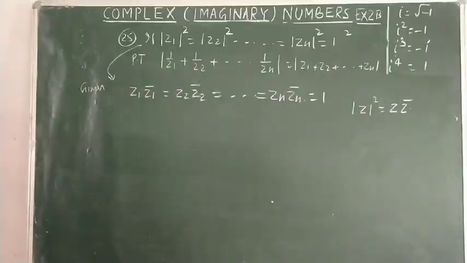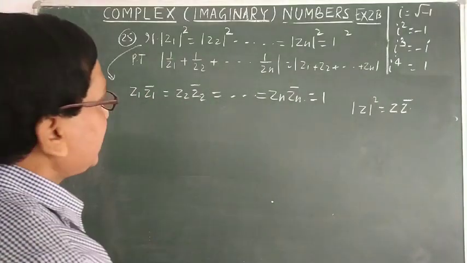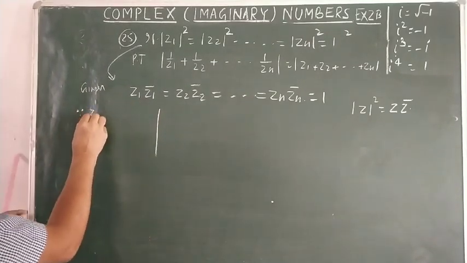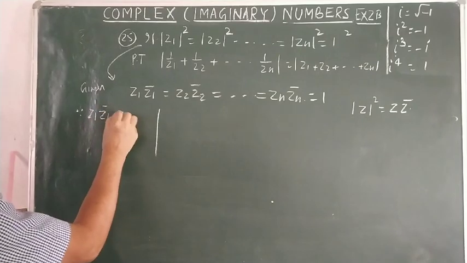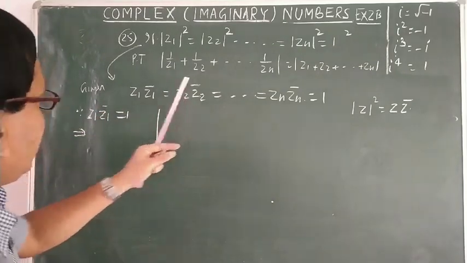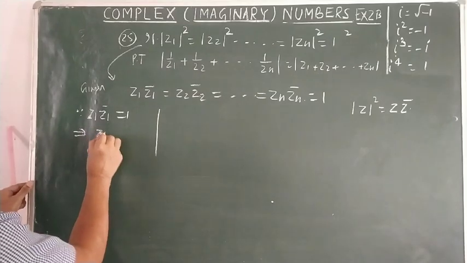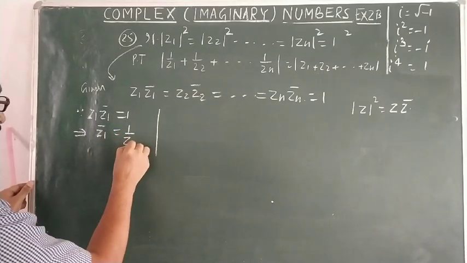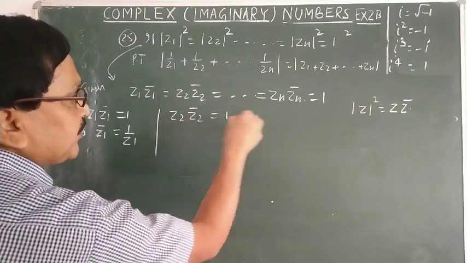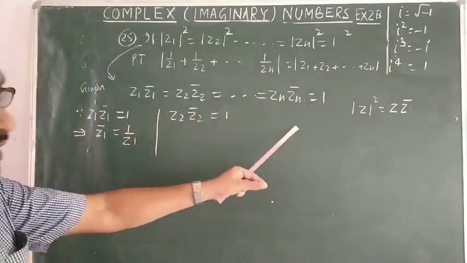Now taking 1 by 1. First of all, I am going to take this. Since Z1 Z1 bar is equal to 1, this implies we need 1/Z1. According to the need, Z1 bar is equal to 1/Z1. Again, Z2 Z2 bar is also equal to 1, all are equal to 1.